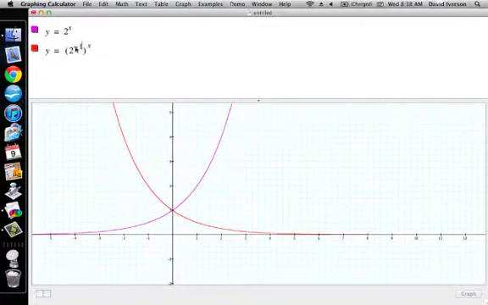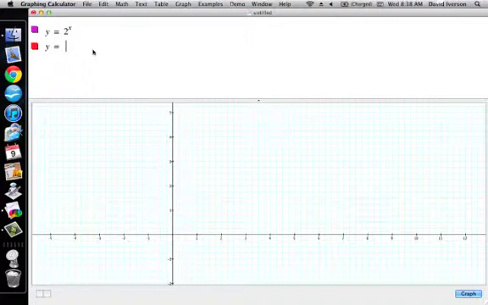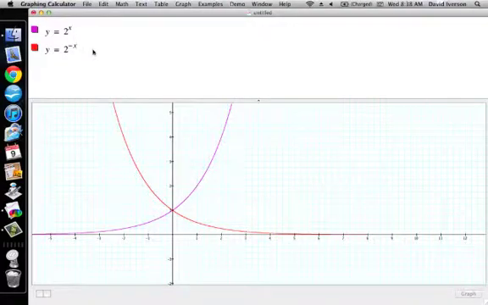If you answered you multiply them, then you're correct. So I can actually write this as 2 to the negative x, and I get the same thing. 1/2 raised to the x and 2 raised to the negative x are the same thing.